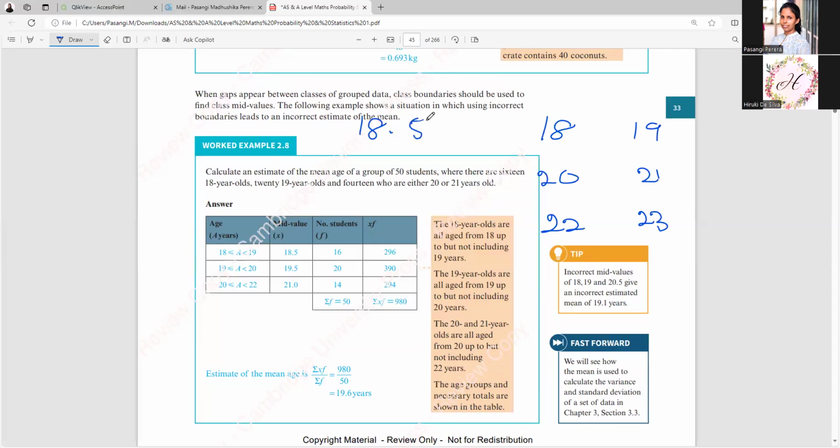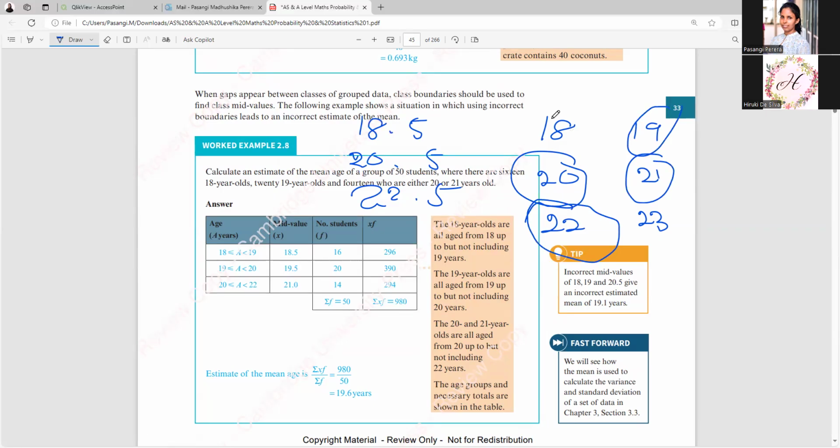For 20 and 21, the addition of these two divided by 2 would be 20.5. So that value becomes incorrect. The mid value becomes incorrect. So first we need to make those boundaries continuous.